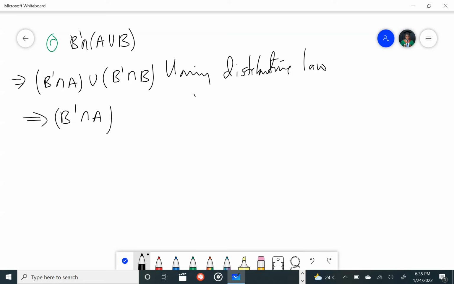So for what's in the brackets there, what do you think will be our answer here for this one? B complement intersection B. What do you think should be the answer? Just thinking about it logically. Yes? Anyone?